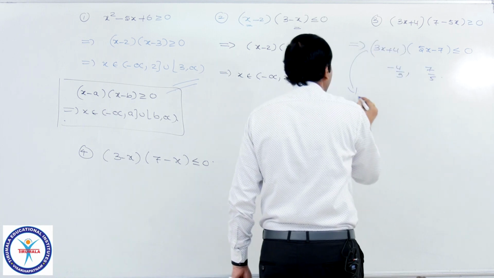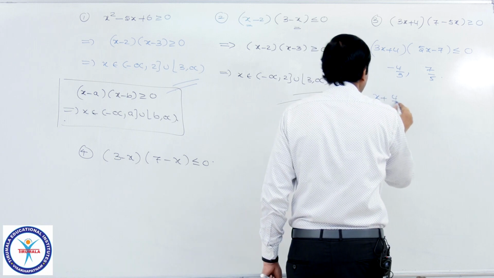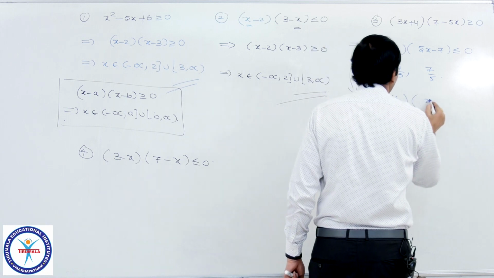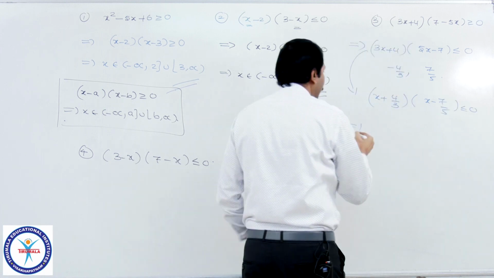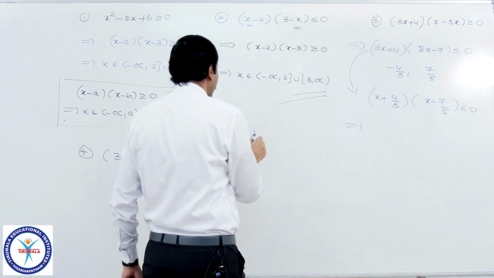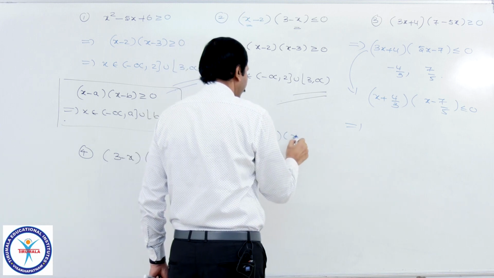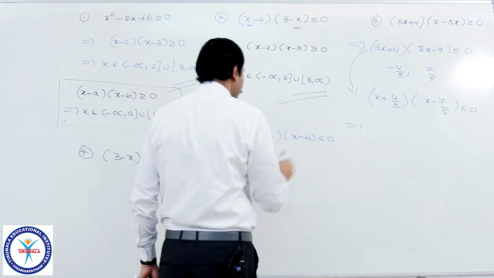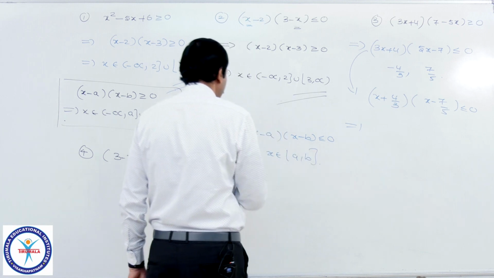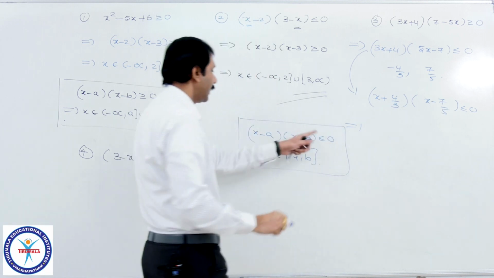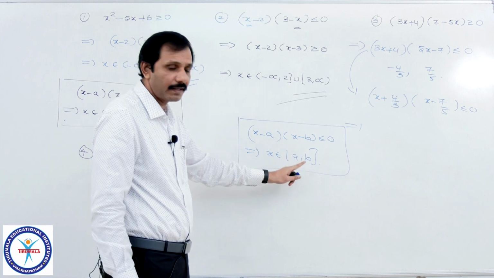Or of course, this can be written as (x plus 4 by 3) into (x minus 7 by 5) less than or equal to 0, because it is of the form (x minus a) into (x minus b) less than or equal to 0 implies x belongs to [a, b]. These are the 2 points we discussed. When it is less than or equal to 0, it means inside the interval.